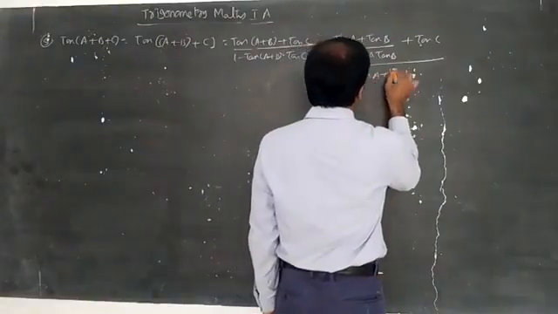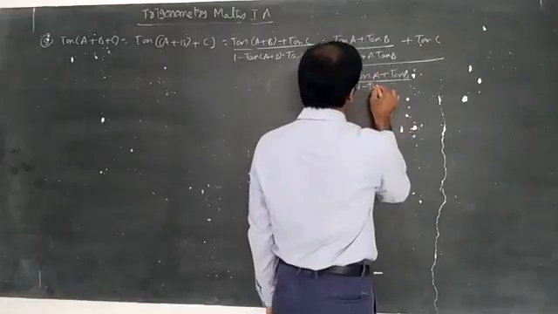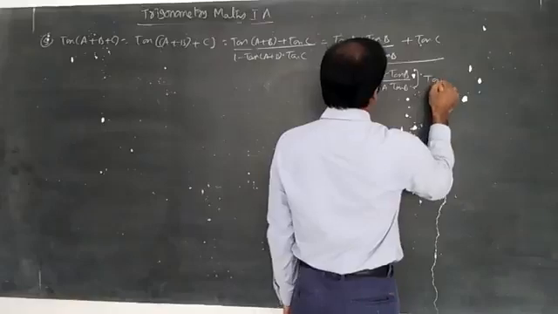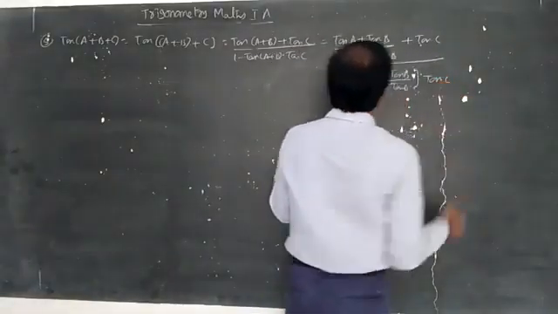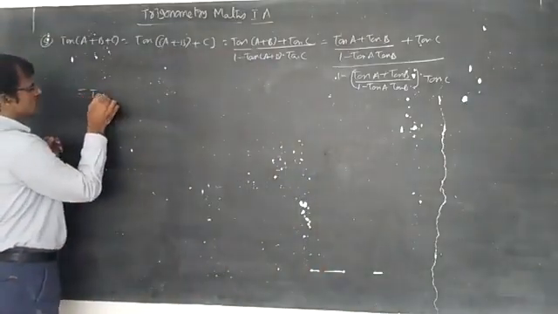This is tan A plus tan B by 1 minus tan A tan B into tan C. Now take LCM in numerator and denominator.